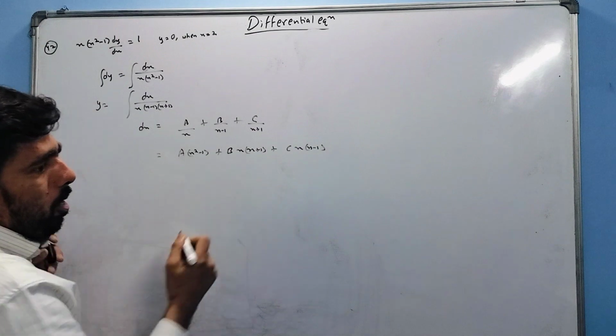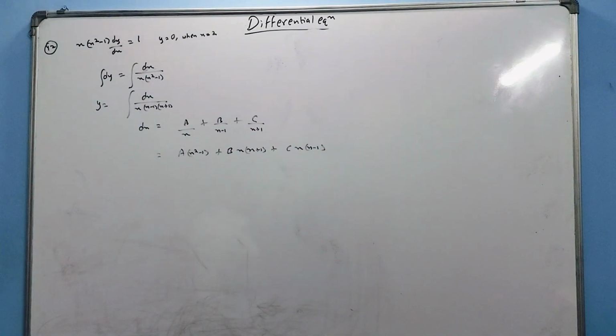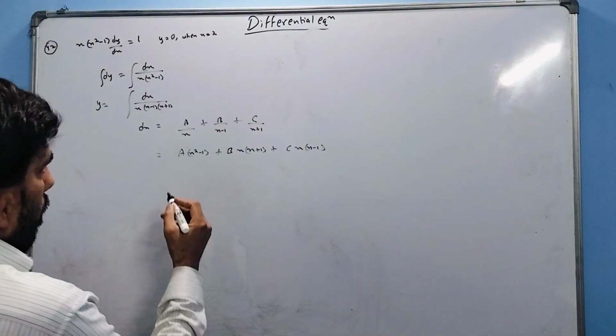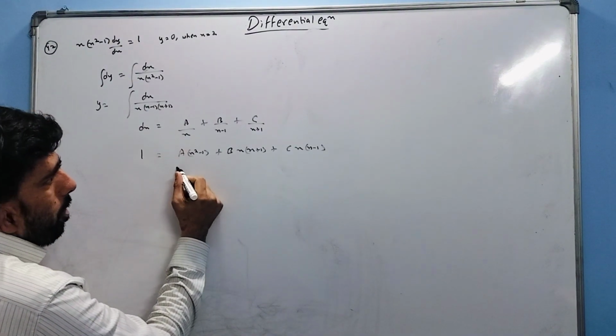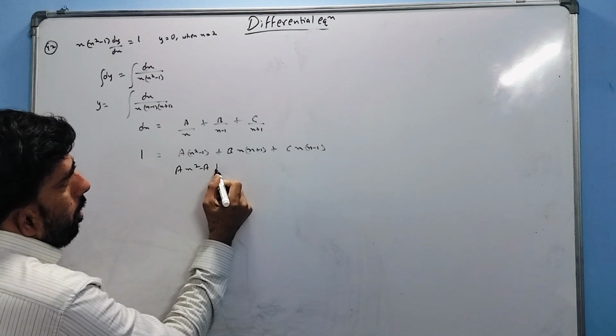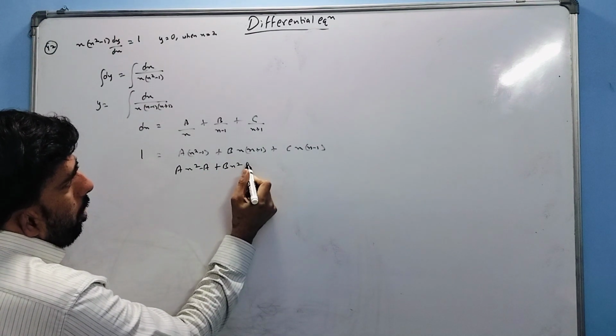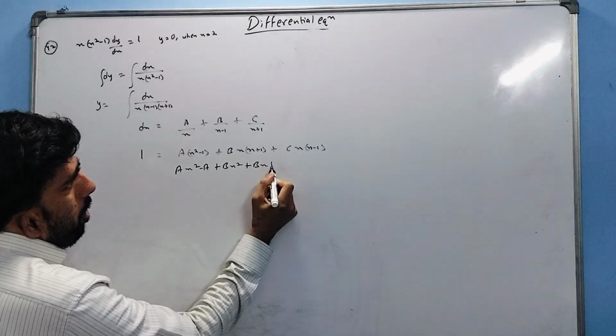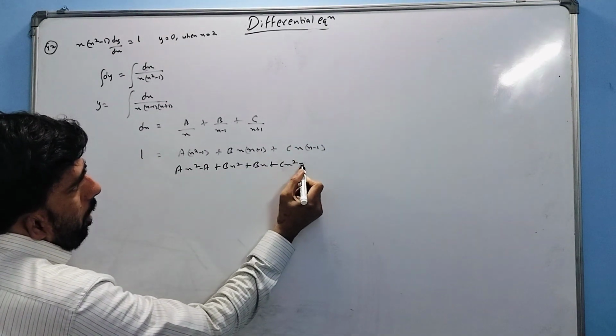Now let us try to solve this by comparing. I got ax square minus a plus bx square plus bx plus cx square minus cx.